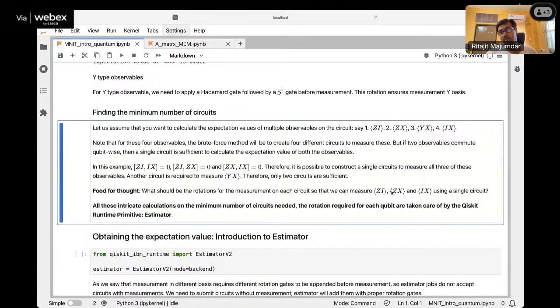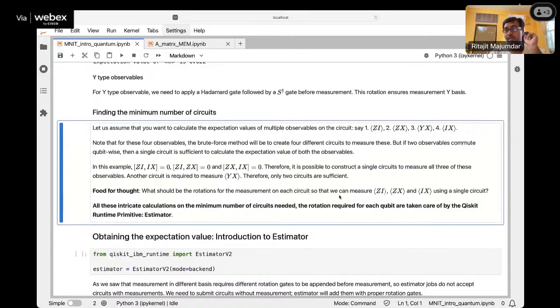ZI, ZX, and IX can be grouped together. They don't anti-commute with each other because this is Z on the first qubit and I on the first qubit. No anti-commutation. Then X on the second qubit or I on the second qubit. No anti-commutation. So although I have 4 terms here, I need one circuit for all 3 of them and I need a second circuit for YX.